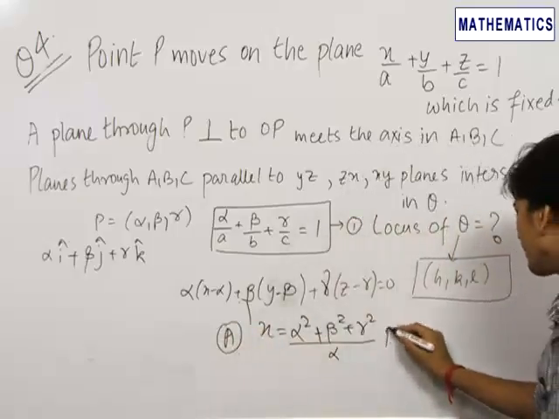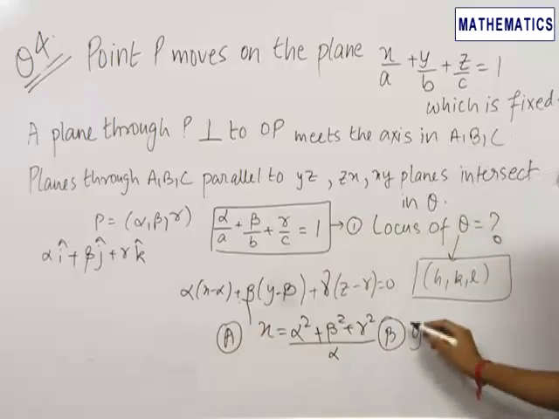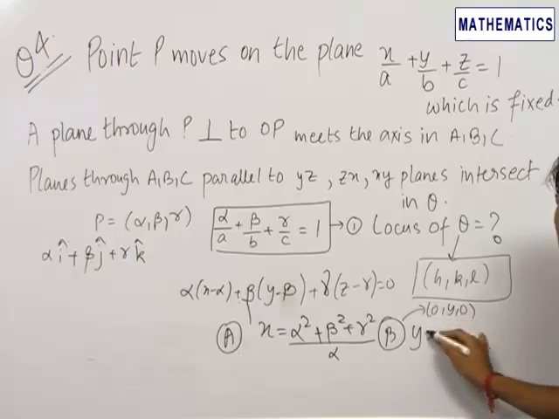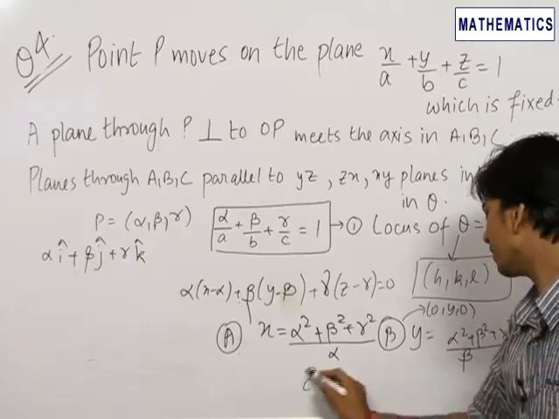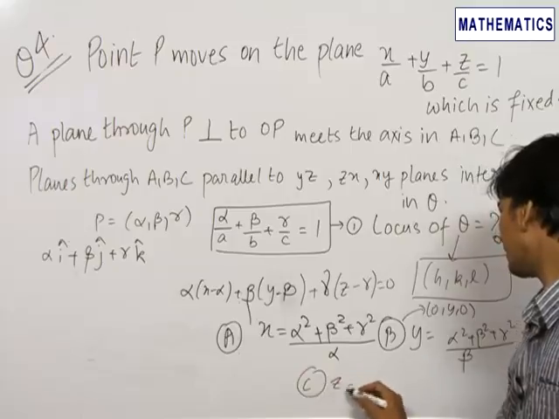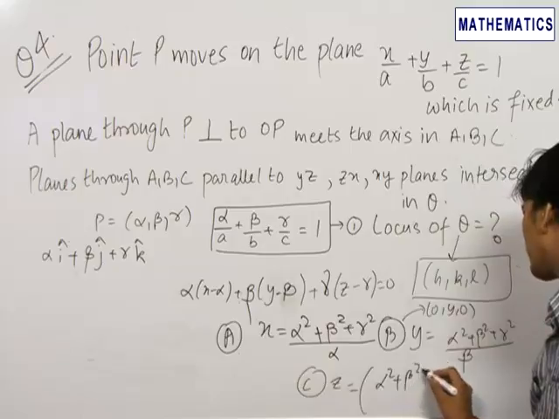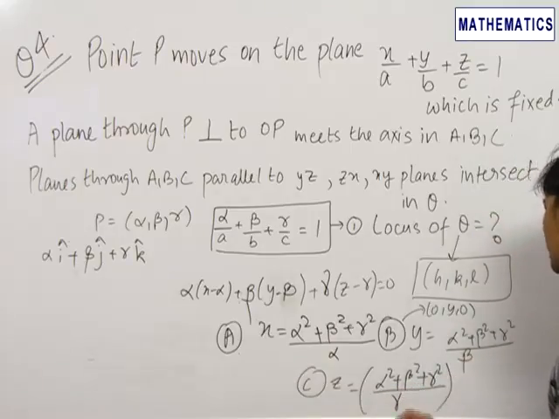For point B, the point is 0 comma y comma 0. This y will be equal to alpha square plus beta square plus gamma square upon beta. And similarly for point C, z will come out to be equal to alpha square plus beta square plus gamma square upon gamma.